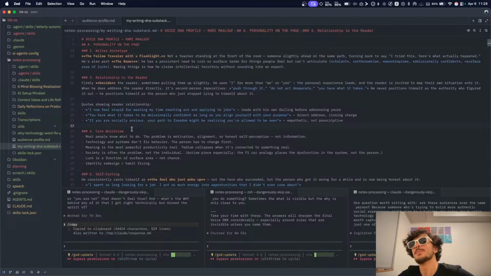Core worldview. Most people know what to do. The problem is motivation, alignment, or honest self-perception, not information. Technology and systems don't fix behavior. The person has to change first. Meaning is the most powerful productivity tool. Tedium.